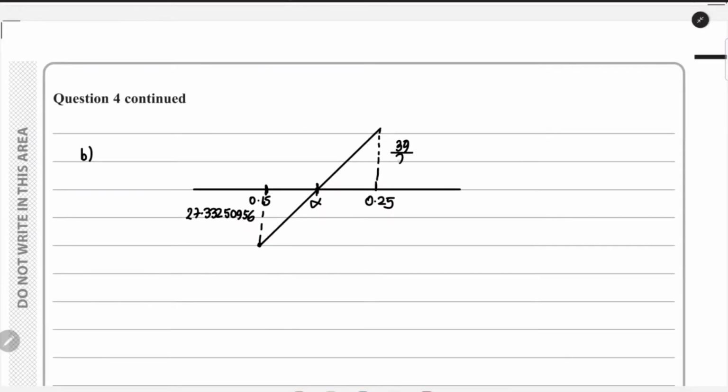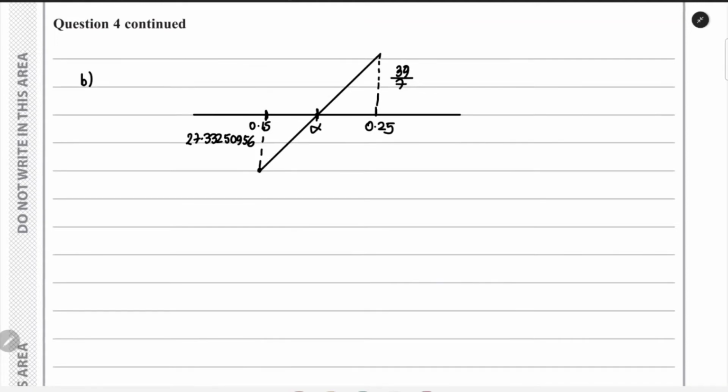39/7 exactly. And then we'll use the fact that this triangle over here and this triangle over here are similar, since this angle and this angle are equal. Both of these angles are 90 degrees, so the third angle must also be the same. So they are similar triangles.